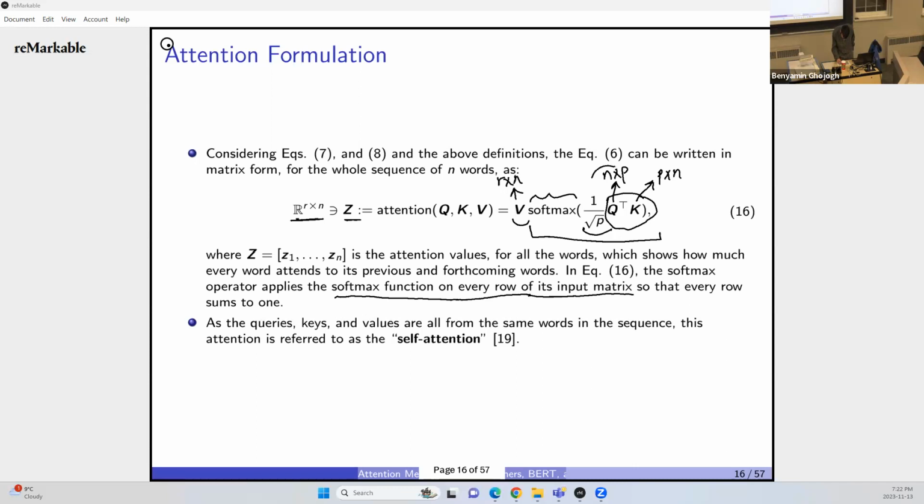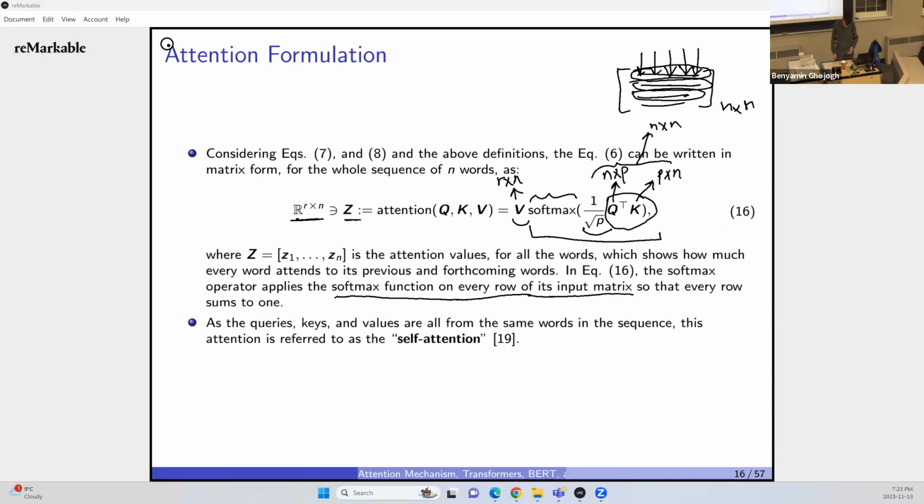So its input is N by N, and on every row we apply softmax, right? So as a result, after the softmax, every row sums to 1. Okay? So after softmax we still have an N by N matrix, but every row will sum to 1. Did you get my point?